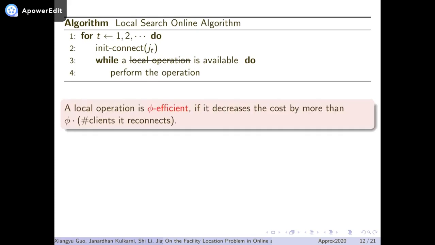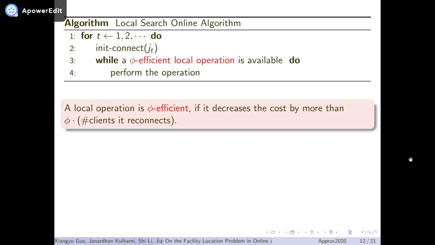This comes to the definition of phi efficient operation. A local operation is called phi efficient if it decreases the cost by more than phi times the number of clients it reconnects.